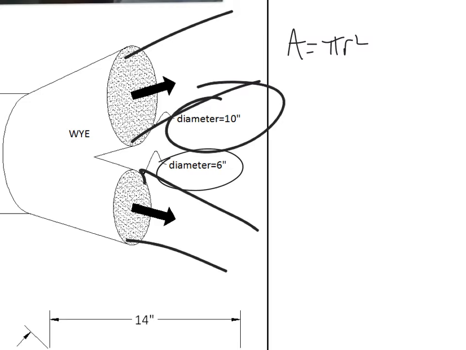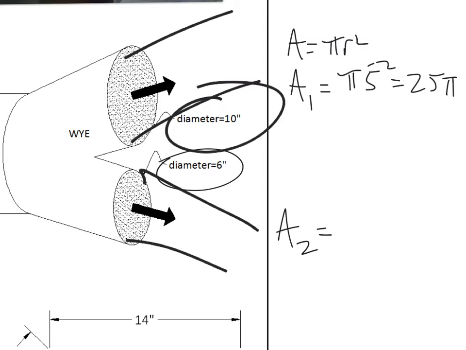So the area of this tube, I'll call this area 1, is going to be pi times 5 squared, which is 25 pi. The area here, I'll call this area 2, we've got a radius of 3, so we have pi times 3 squared, or 9 pi.